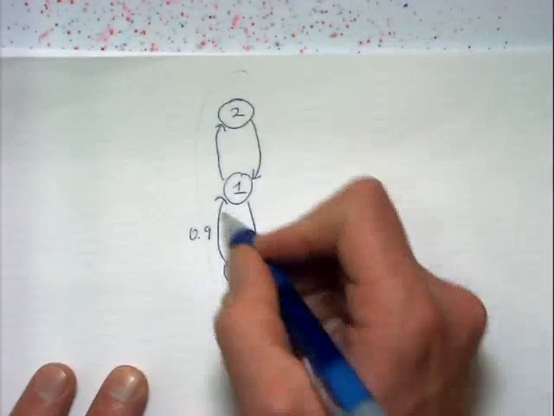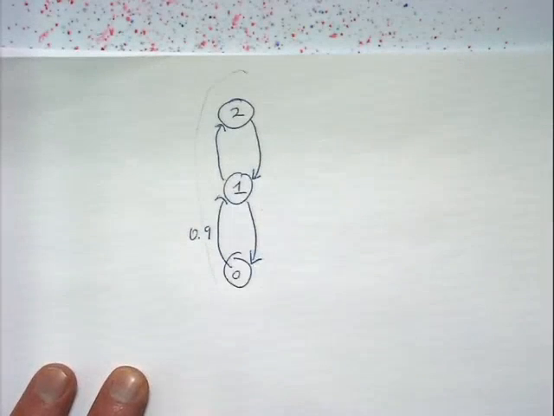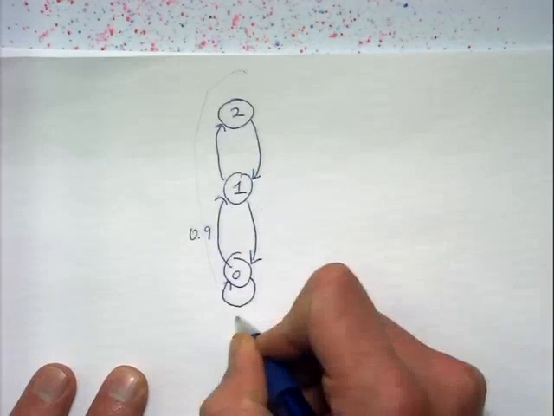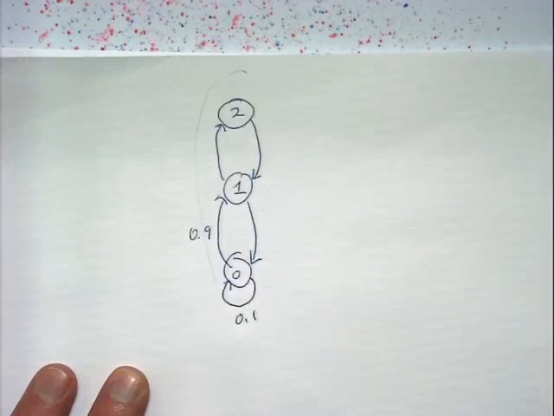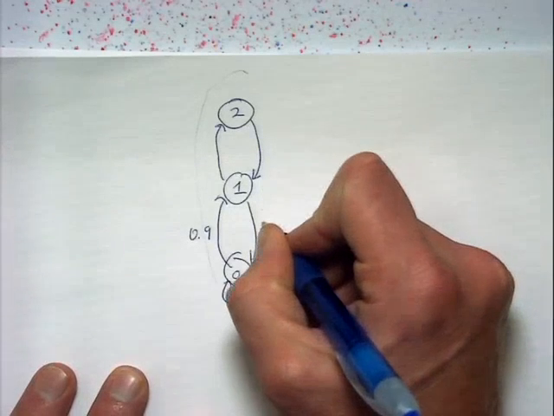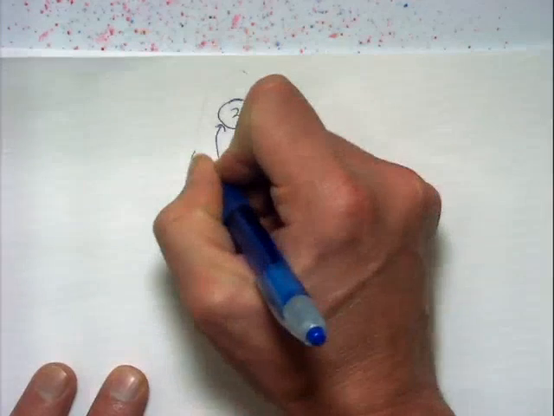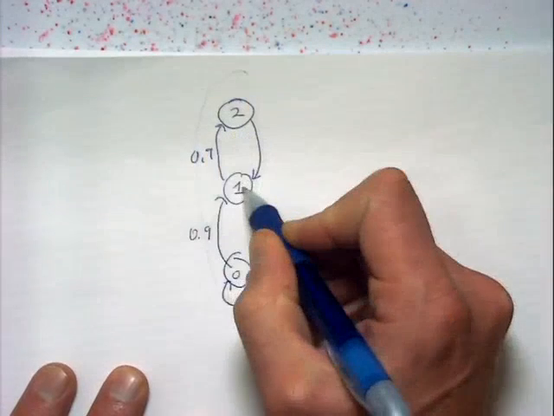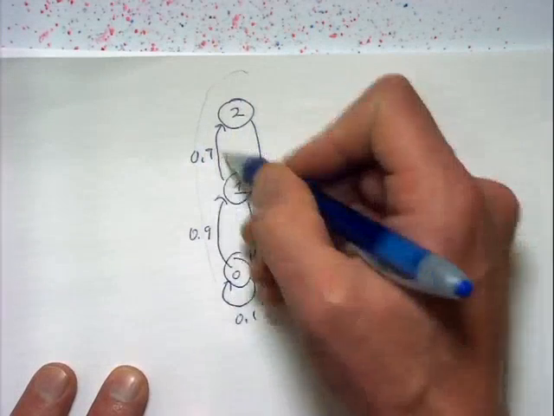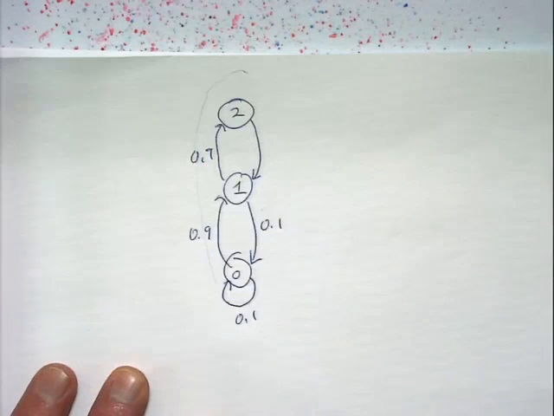this wouldn't work because something has to happen. So there has to be another state transition here, which is back to the same state with 0.1, because every time you start in state 0, you have to go somewhere. And then this one might be 0.1, and that might be 0.9, because if I start in state 1, the sum of the probabilities of everywhere I have to go has to sum to 1.